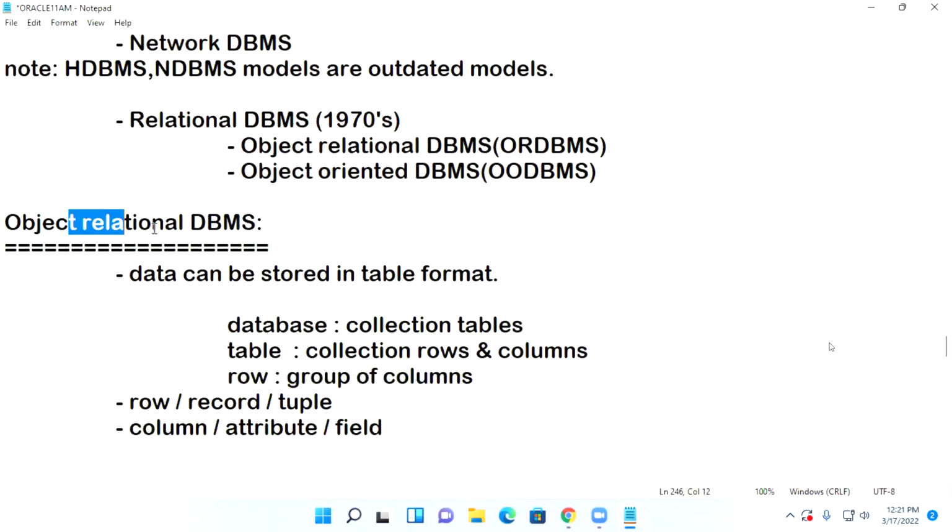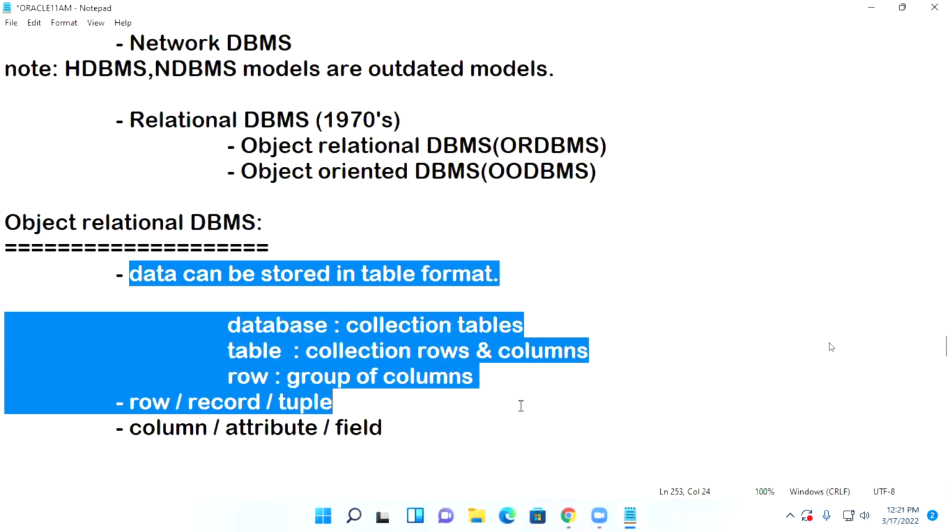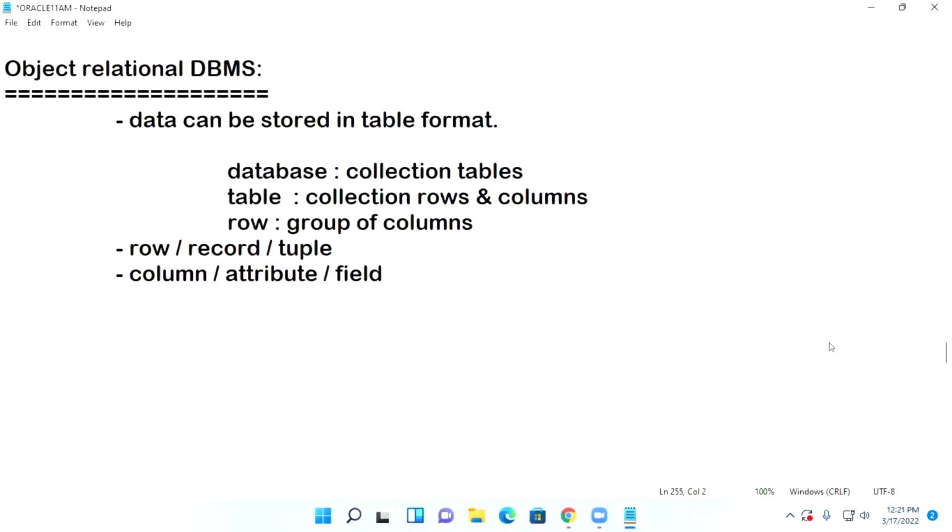So in an object relational database management system, your data is stored in this format. But when you want to work on object relational databases, this model depends completely on SQL.